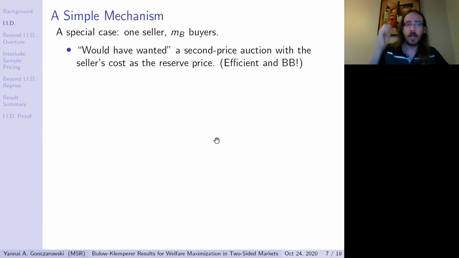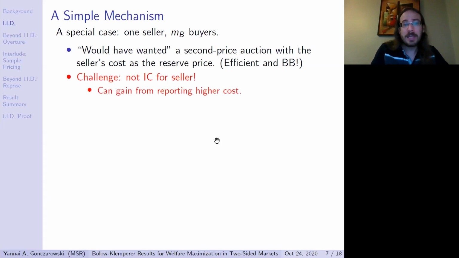It trades if and only if someone values the item by more than the seller. And it's budget balanced, obviously, because people will pay more than how much you need to pay the seller. Problem is that it's not incentive compatible for the seller. The seller many times may have an incentive to overbid their cost to also get some revenue.